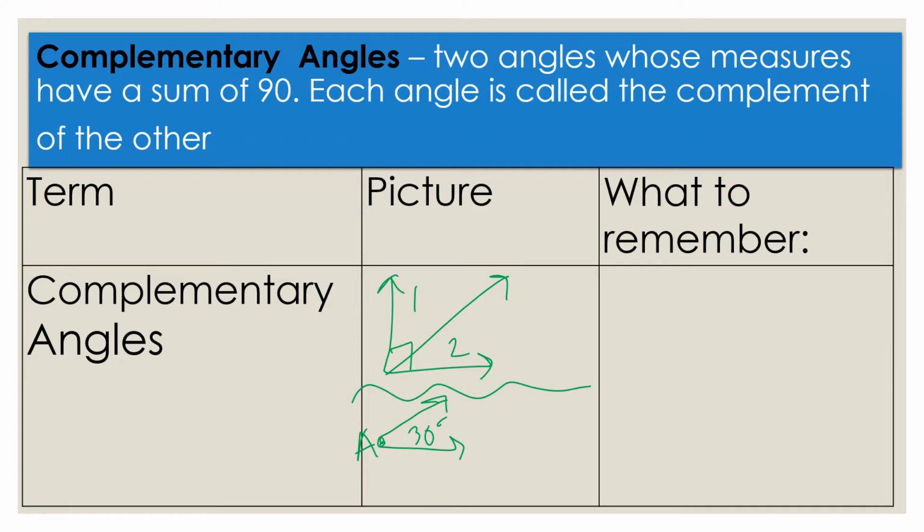And then we could have angle B here, and that would be 60 degrees. What to remember is two angles add to 90 degrees. They don't have to be adjacent.